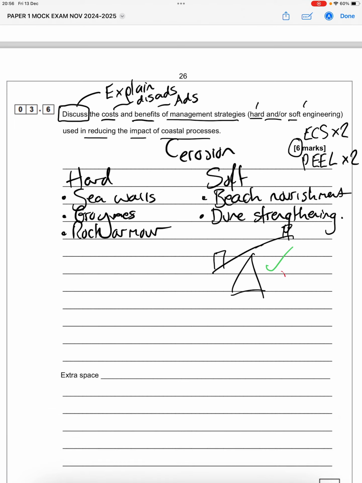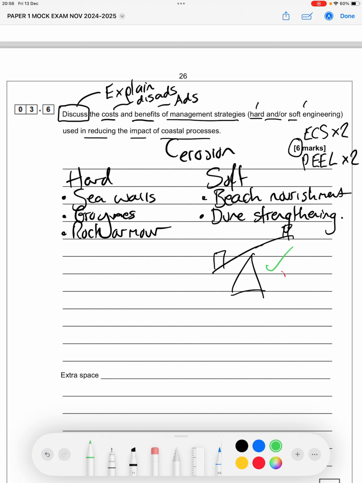So you do not need to go to town with both of them. You might really get into detail on your seawall, really explaining about how that seawall works in reflecting wave energy with its recurved edge, drastically reducing the impact of processes such as erosion, hydraulic action.